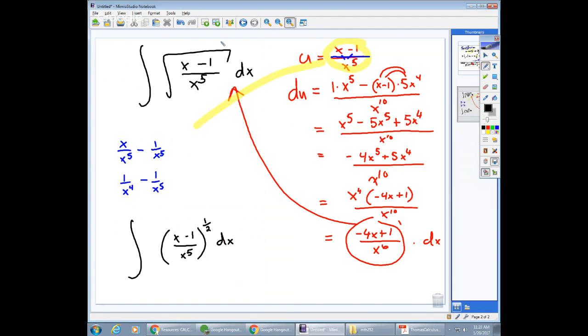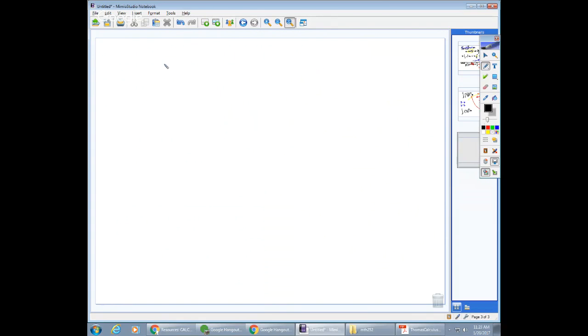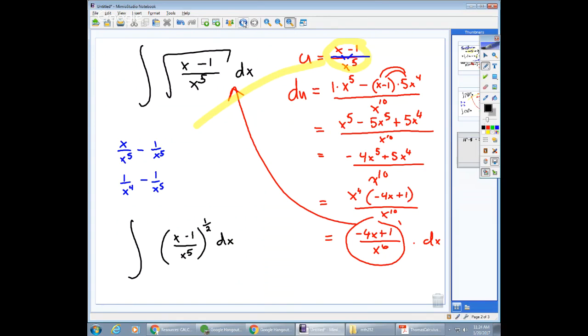There's a catch there, and the catch is this, that if you have something like the square root of a over b inside, that's equal to the square root of a over the square root of b if a is greater than or equal to 0 and b is greater than 0. They both have to be positive for that to work. So we could make the condition that that has to be true. So if we go back here, we would want both the x minus 1 to be greater than 0 and the x to the 5th to be greater than 0.